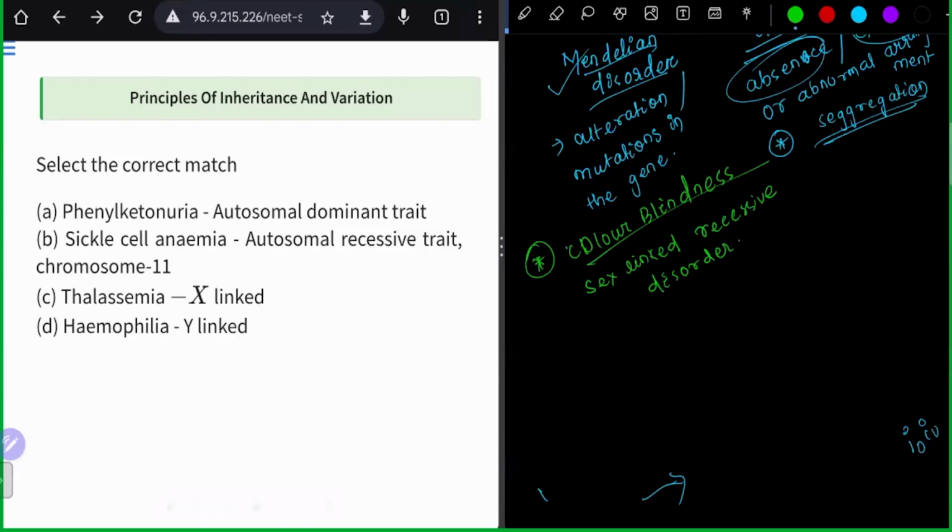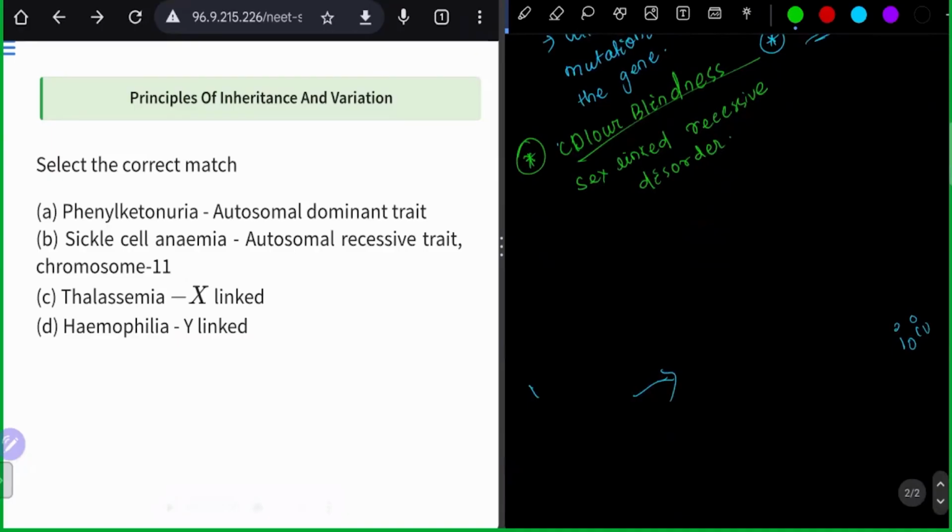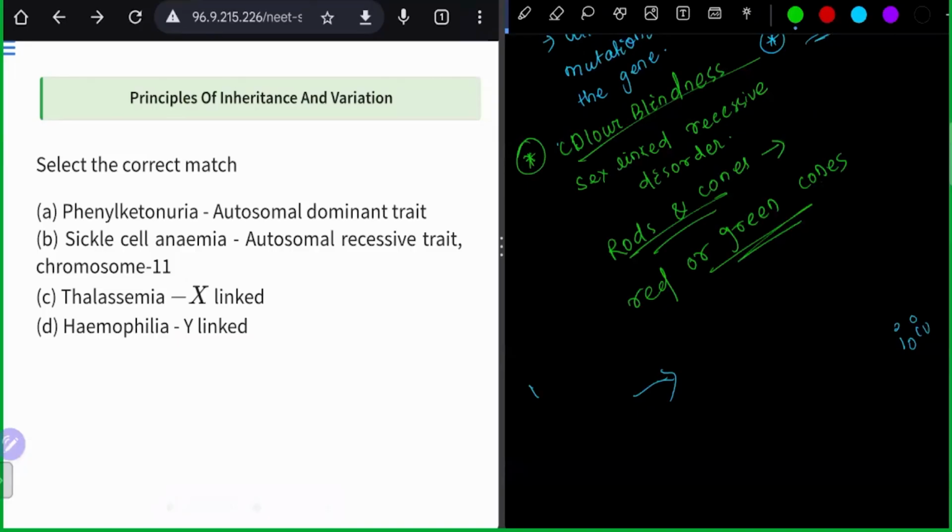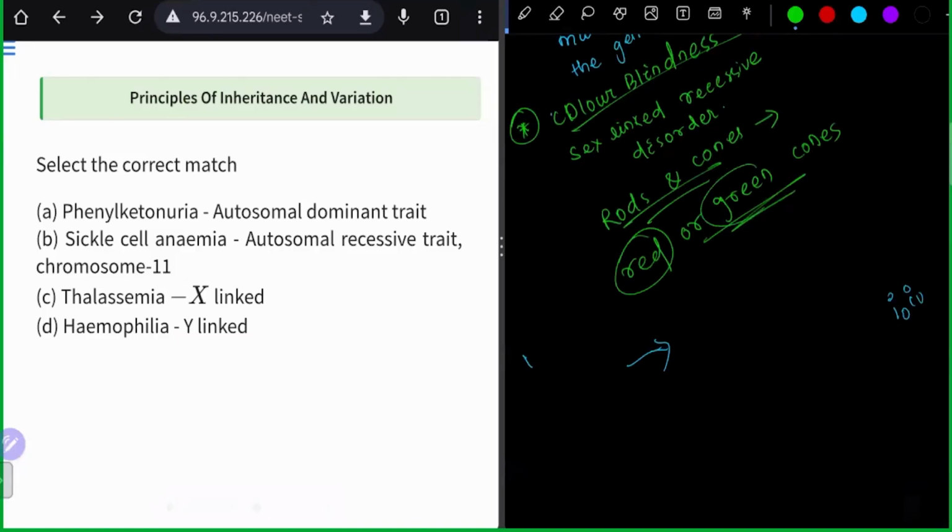We know that our eyes have rods and cones. In color blindness, the defect is in either the red or green cones of the eye, which results in the person being unable to discriminate between red color and green color.